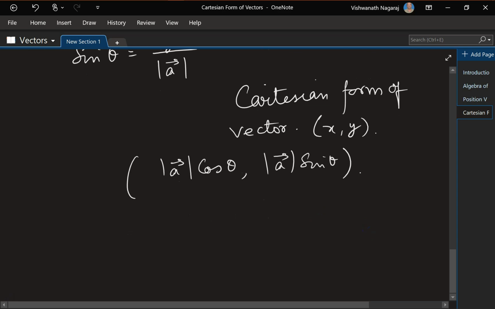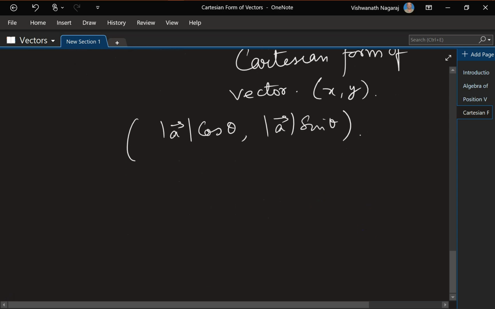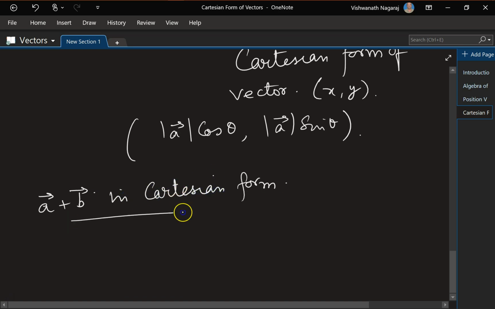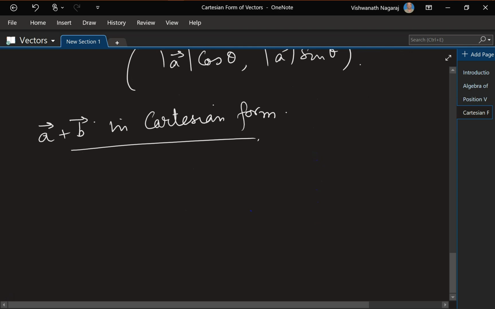Yes. Now what happens to our addition of vectors A plus B in Cartesian form? What happens to this? Now remember, OA is equal to A, which is equal to, let's say, x1 y1.